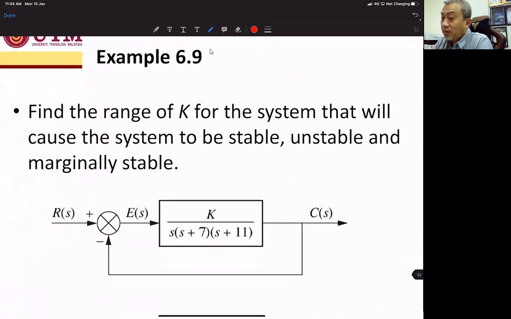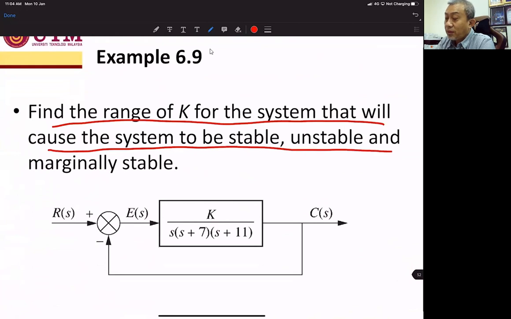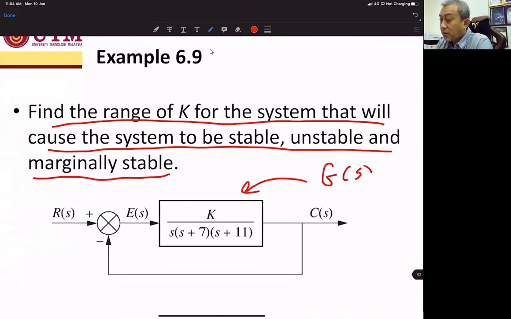So we go for examples. Find the range of K that will cause the system to be stable, unstable, and marginally stable. This one in the box is G(s), the open loop transfer function.